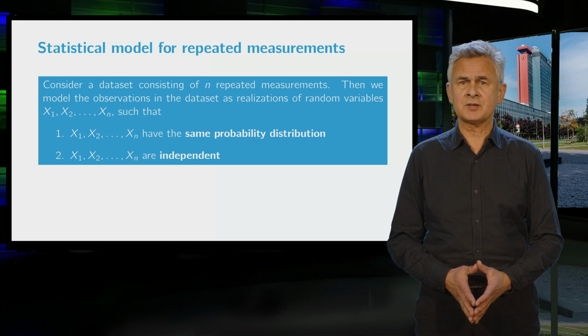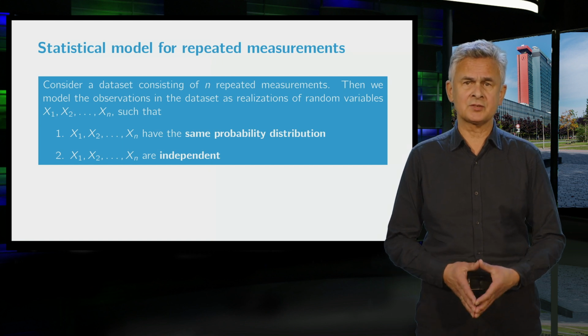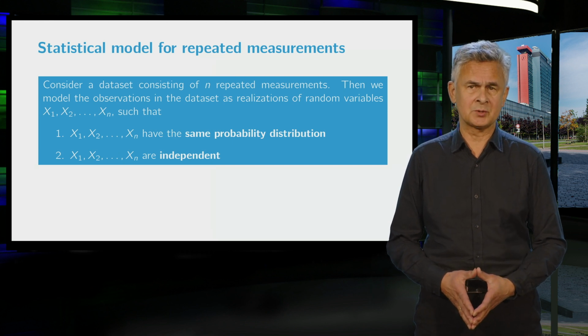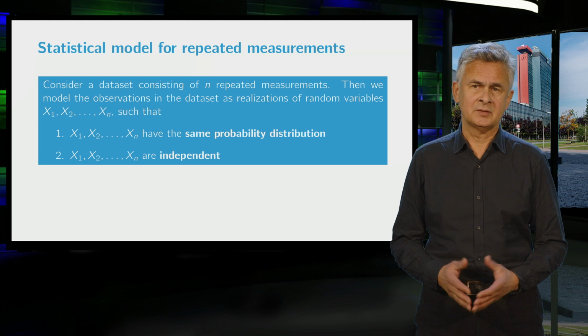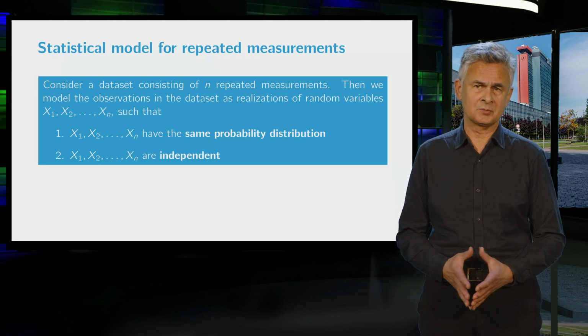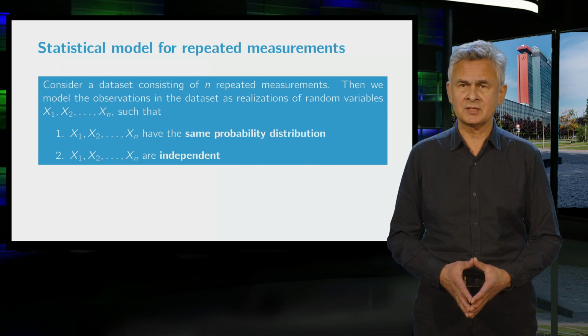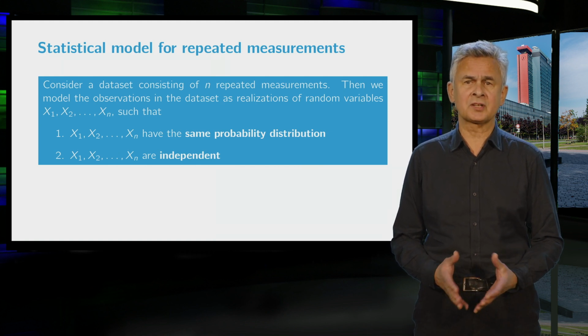Summarizing, the observations are modeled as being realizations of independent random variables x1 up to xn with the same probability distribution. This distribution is called the model distribution, and the model assumptions made about the uncertainty are described in a so-called statistical model.